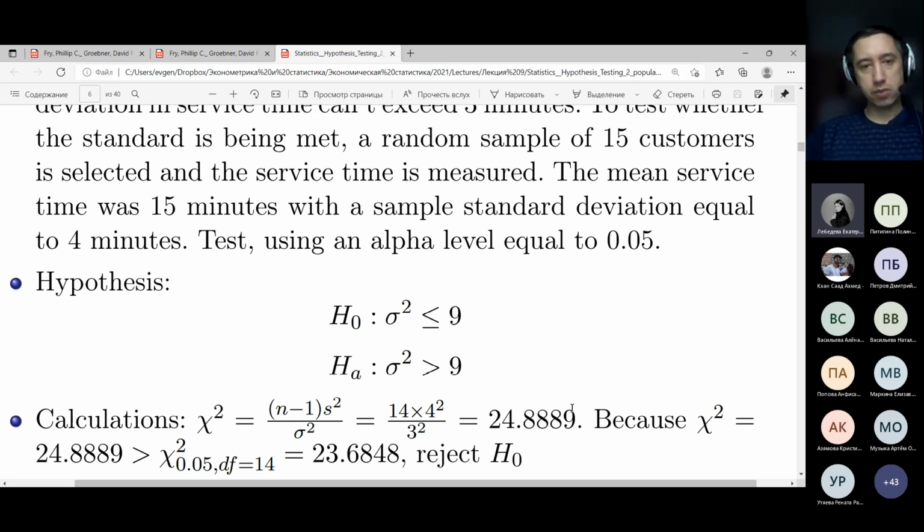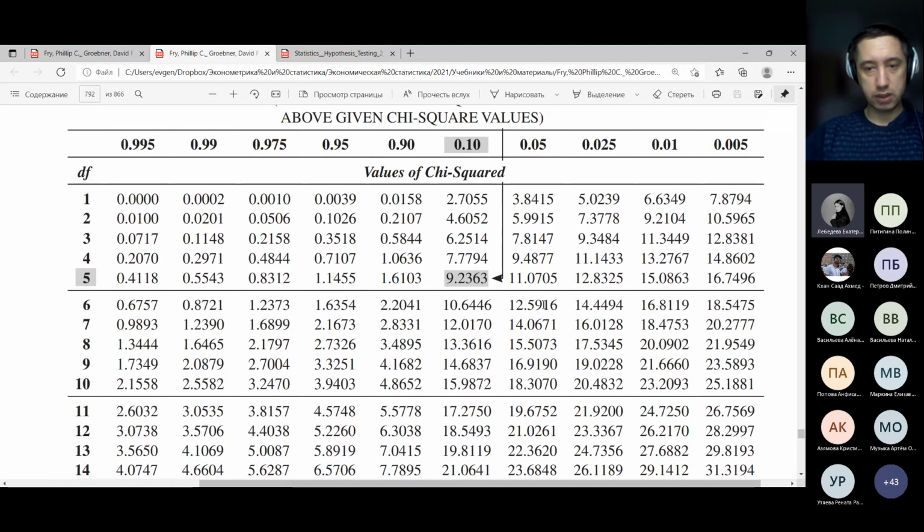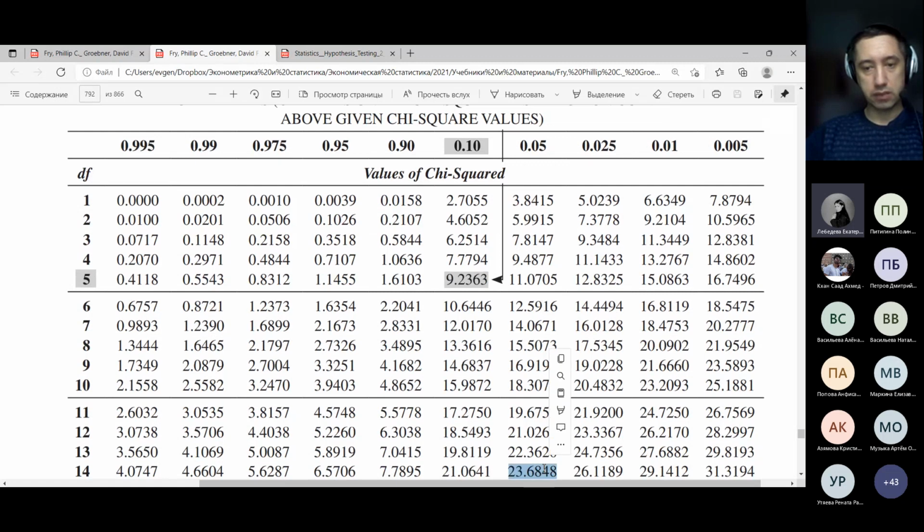Next we have to find the critical value of chi-squared statistics. What we have to use to find critical values: first, our alpha, it is 0.05. And next, degrees of freedom. Our degrees of freedom is n minus 1, 14. Hence, 0.05 column, okay, and 14 is here, 23.6848.